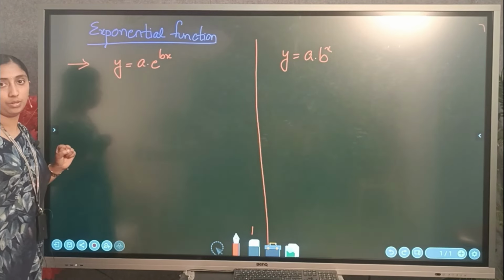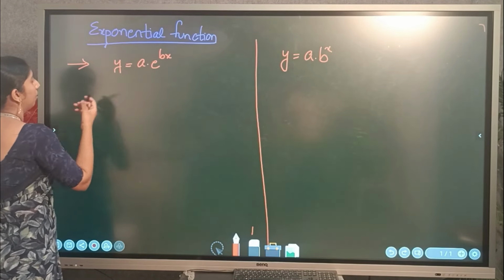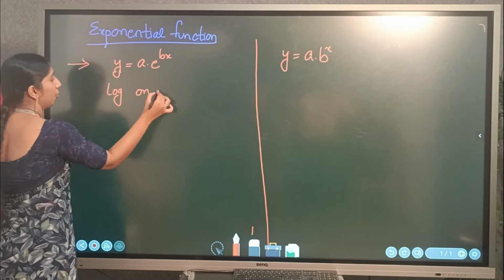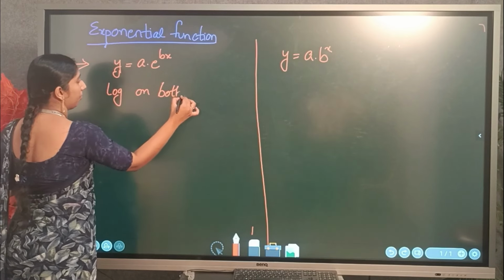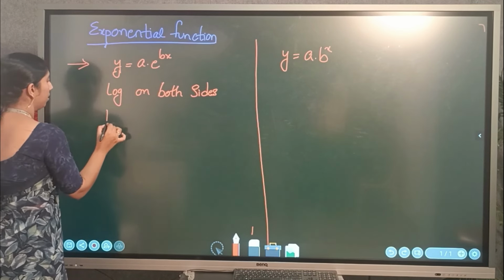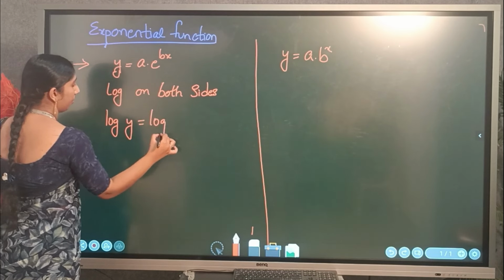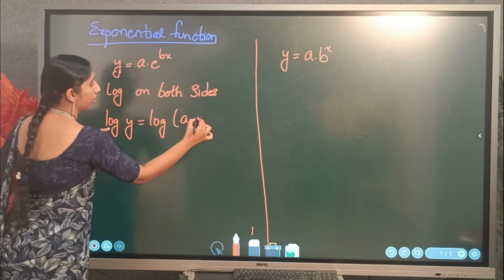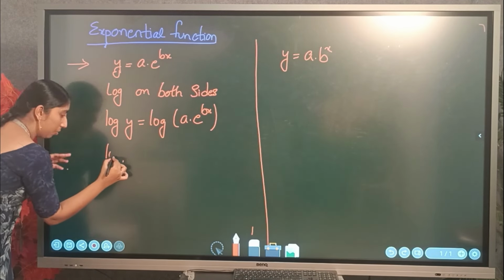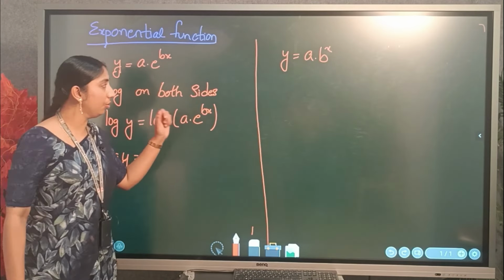For this, what you have to do is apply logarithm on both sides. For this, what will you get? Log y is equal to log a into e power bx.